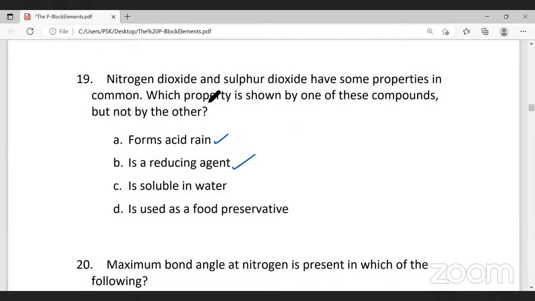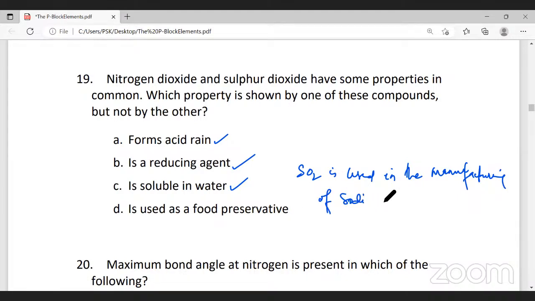Both nitrogen dioxide and sulfur dioxide are soluble in water. It is used as a food preservative. SO2 is used in the manufacturing of sodium bisulfite.